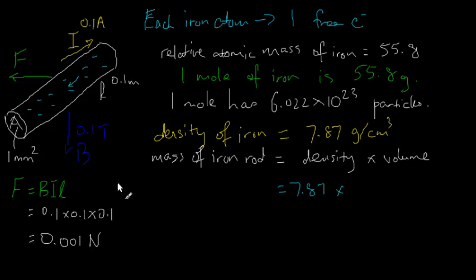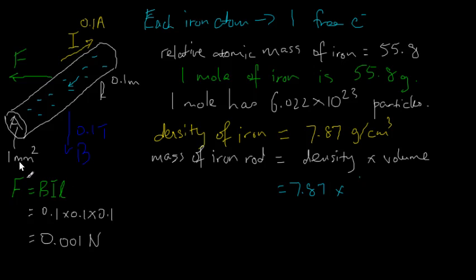The cross-sectional area is in millimeter squared. My density is given in grams per cm cubed, so it would be more convenient if I convert the area to centimeters squared.